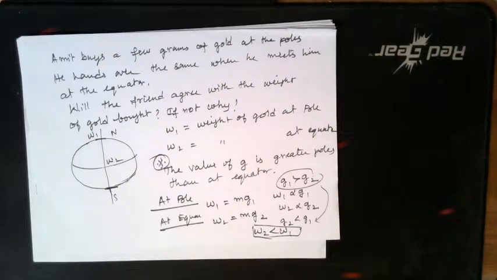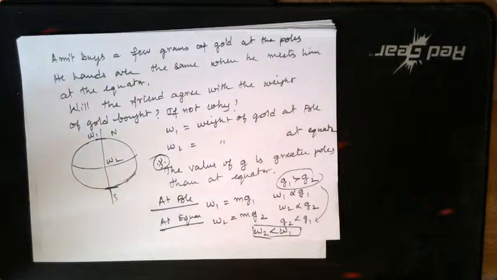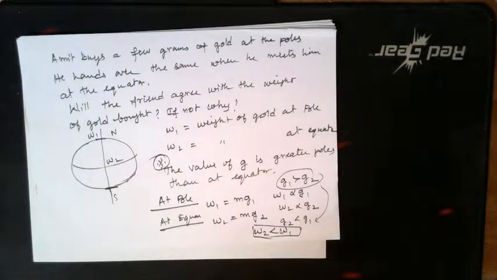So the value of g is greater at poles than at the equator. That is the reason. You can mention that. Then you may ask me, sir, then why do we keep 9.8 as constant? We take it as a mean value.